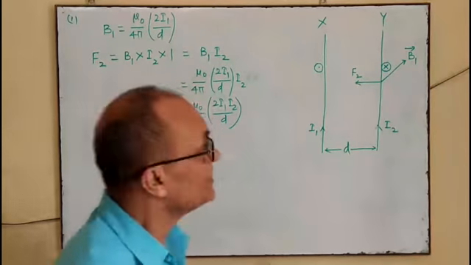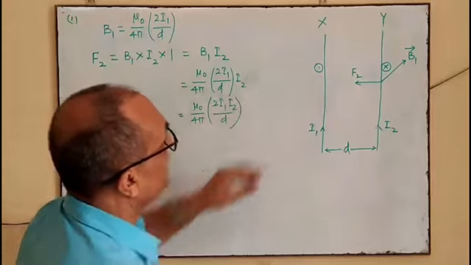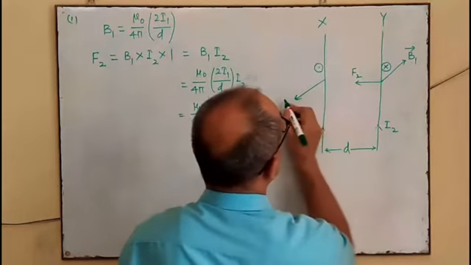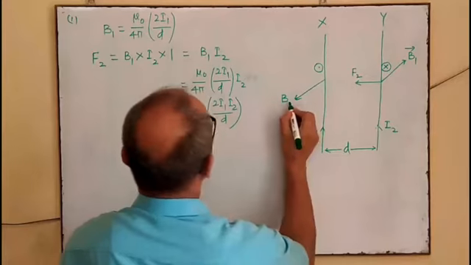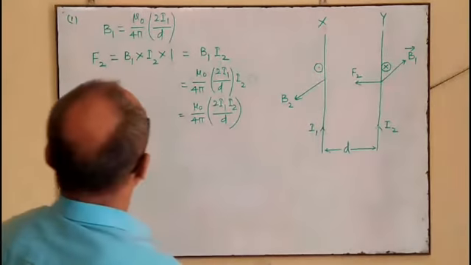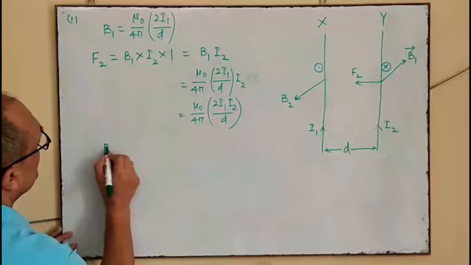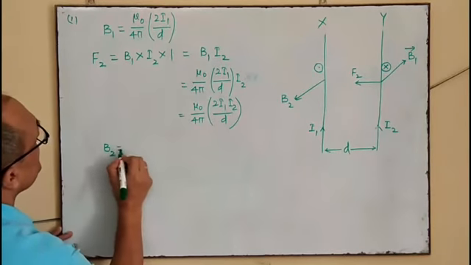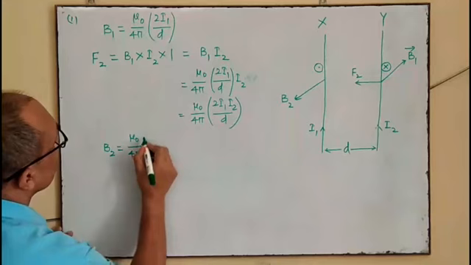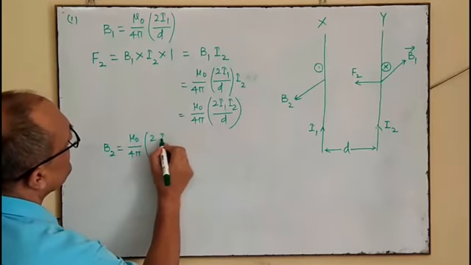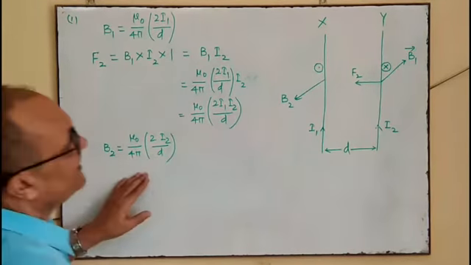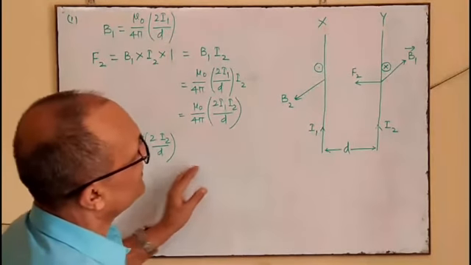So the magnetic field at this point will be B2 due to this. The value of B2 will be equal to mu naught by 4 pi, 2 I2 by D.